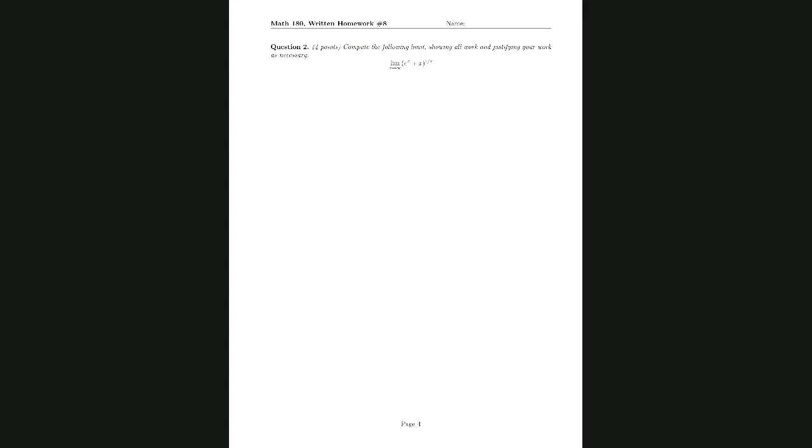So if you plug in infinity, you get infinity to the 0th power. So you want to call this something. You normally call it L. You take the natural log.